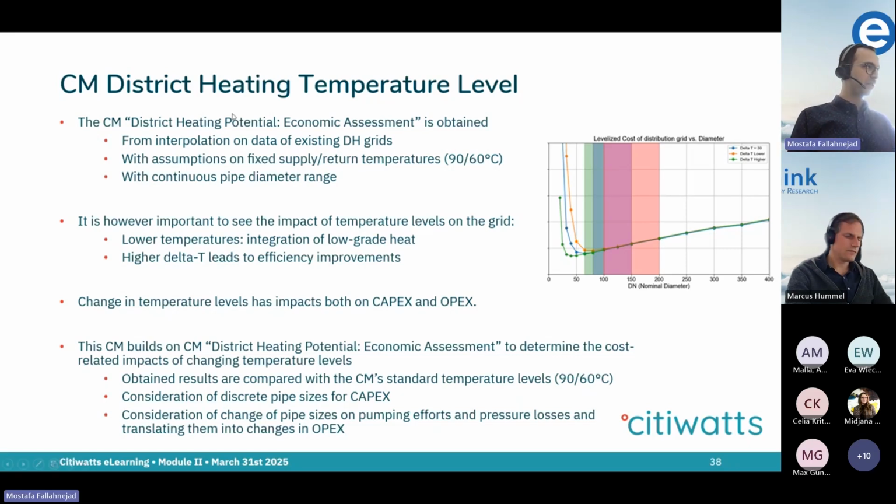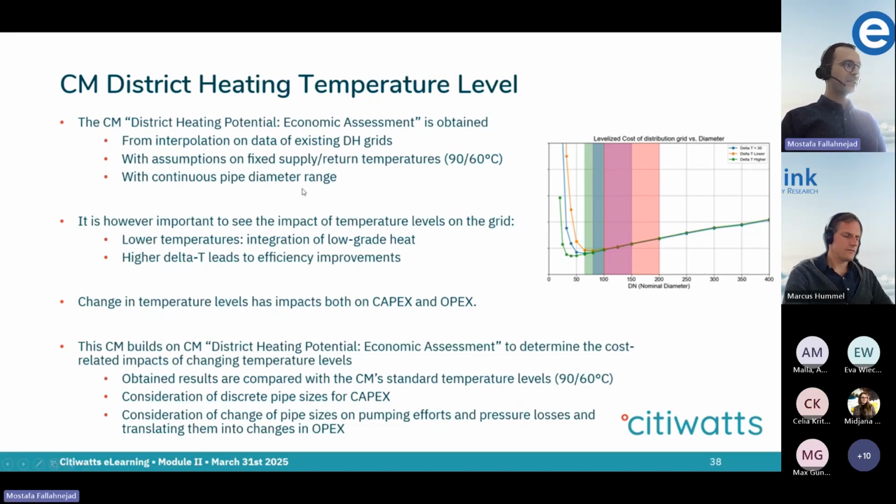The CM district heating potential economic assessment, which I previously mentioned, uses an interpolation procedure for identifying district heating potentials, and there is an assumption behind it. It considers a fixed supply and return temperature of 90/60, because those were the values in the grid system which were used for interpolation.